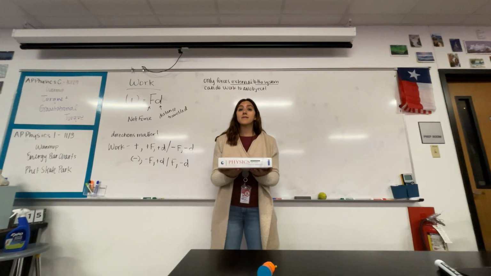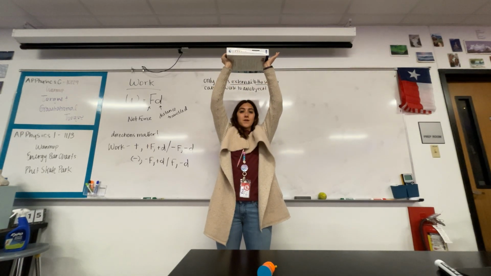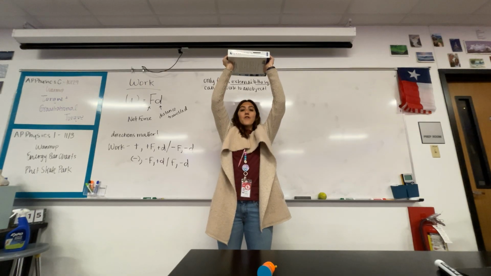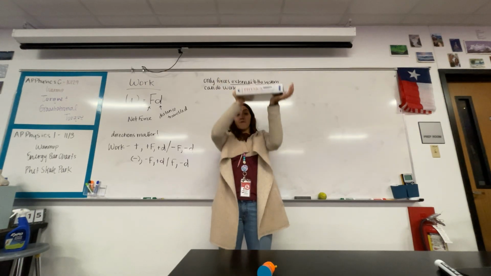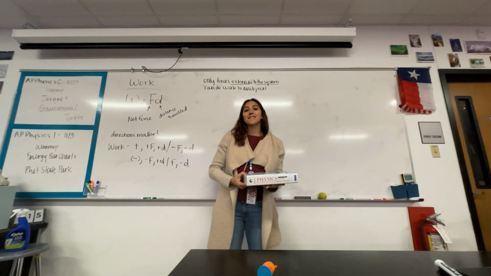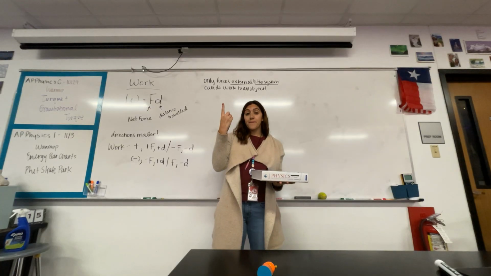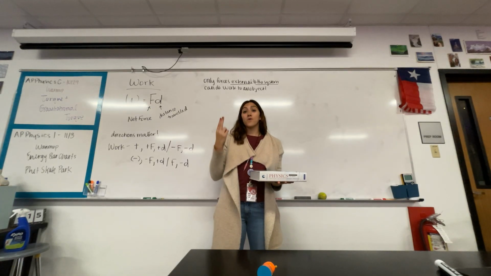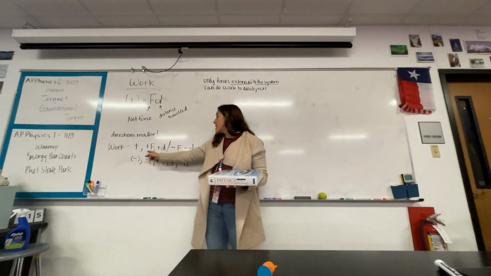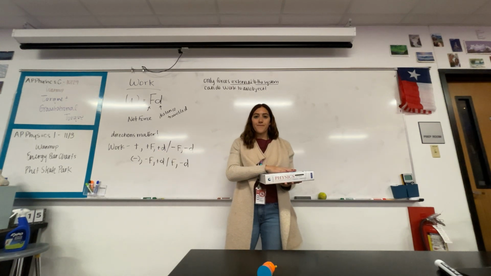If I raise the book up over my head, I've done work to the system because the force I applied, the normal force, up, is in the same direction as the distance the book went. So the book went up and the force was up, so I would have positive force, positive direction. I did positive work to the book.